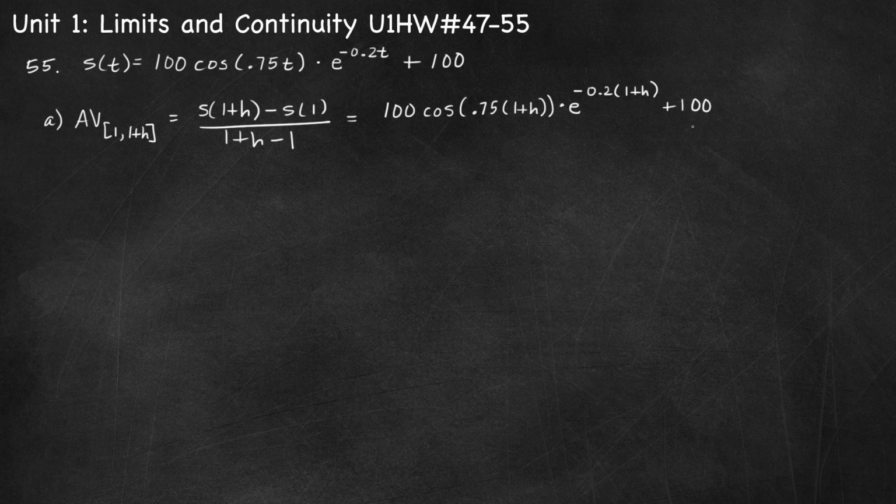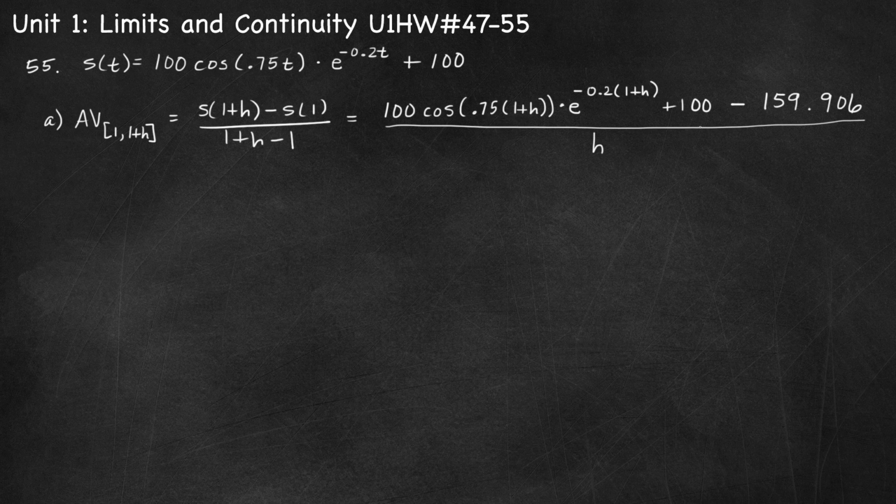All of that is just s of 1 plus h. Then we're going to subtract s of 1. S of 1, I'm going to go to my calculator, and I'm getting approximately 159.906 for s of 1. So all of that over h.